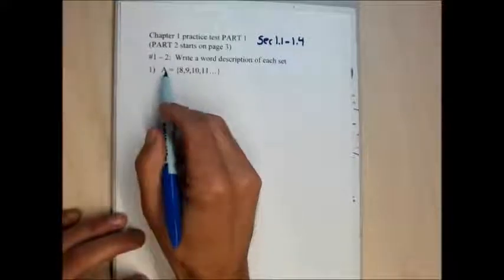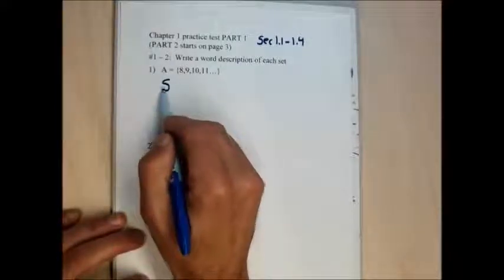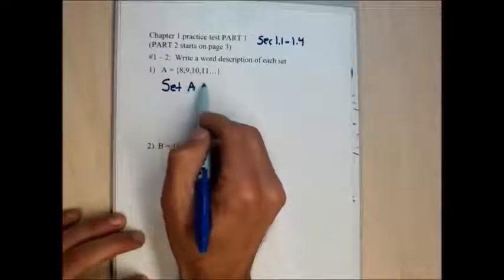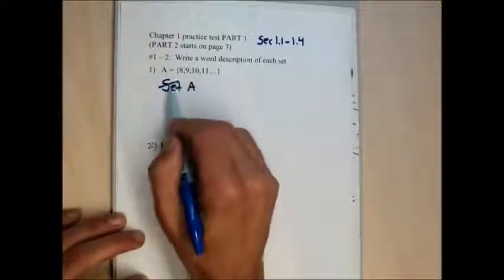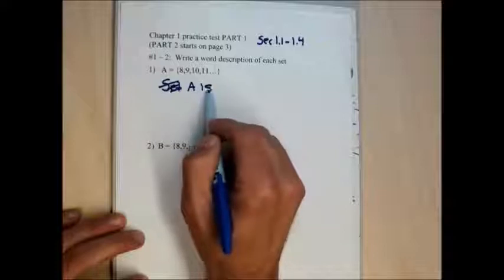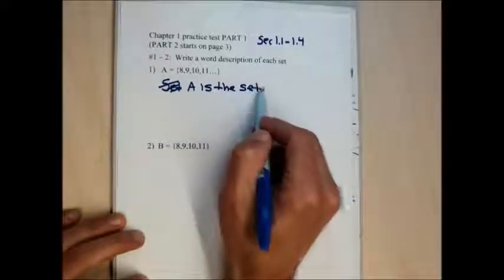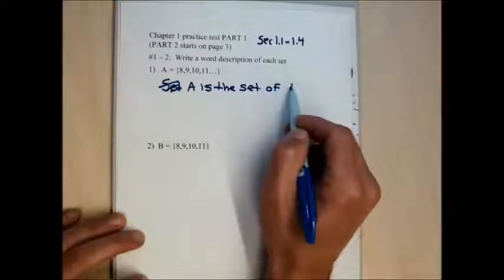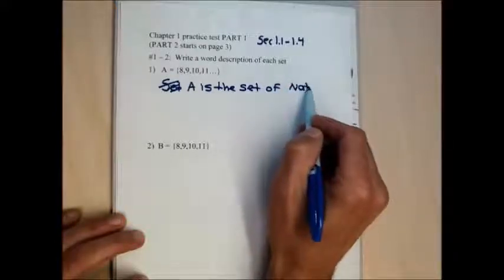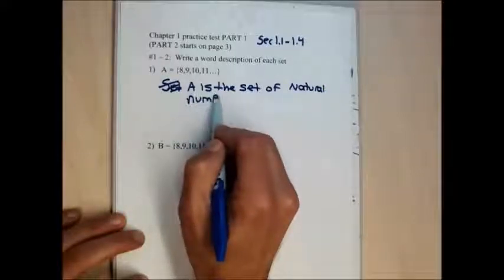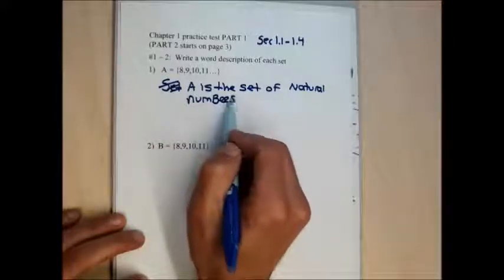So for problem 1, I might say A is the set of natural numbers. And now that only excludes the negative numbers, the decimals, and the fractions.